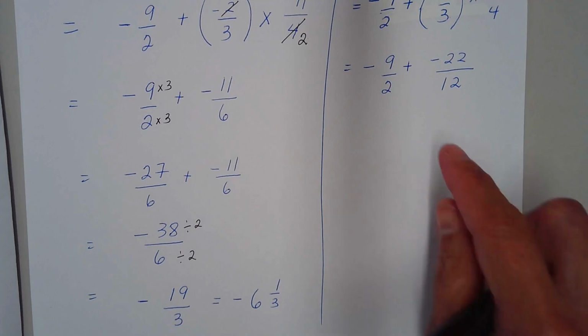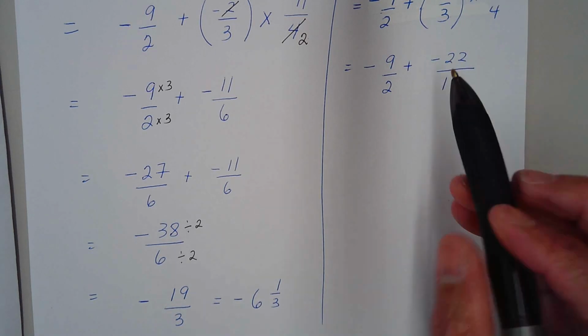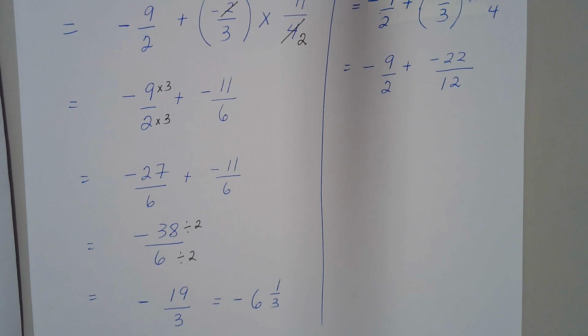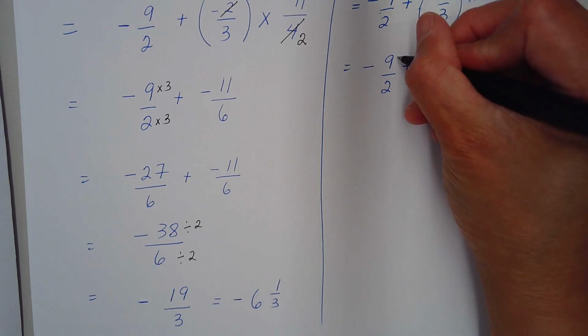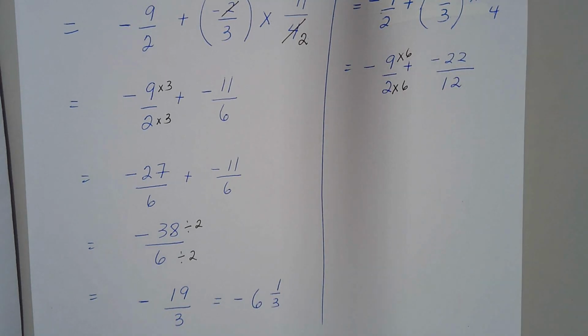Okay, if you reserve the reducing for the end, we have to have the same denominator here. Multiply by 6, multiply by 6, multiply by 6.